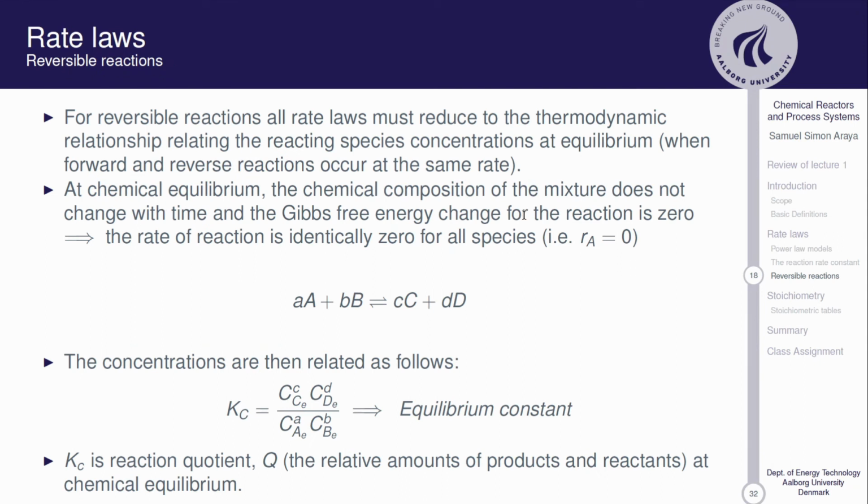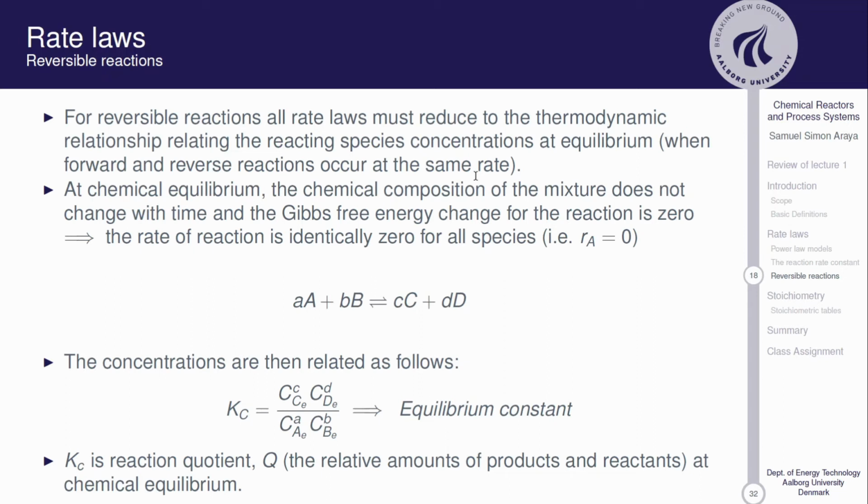Then we have reversible reactions. In the case of reversible reactions, where we have reactions proceeding in the direction of products but also backwards, we use thermodynamic relationships that relate the species concentrations at equilibrium. So equilibrium in this case is when the rate of the forward reaction and the rate of the backward reaction are equal.